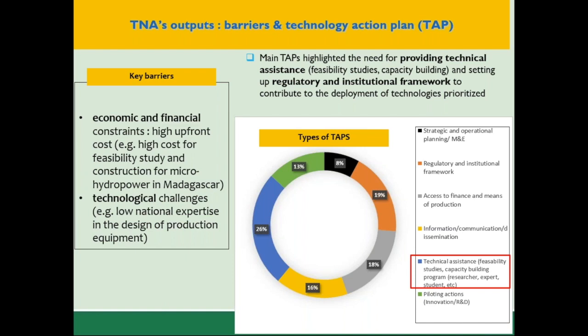But what countries have sought and proposed in terms of action are mainly to provide technical assistance to conduct feasibility studies, but also to develop a very appropriate capacity building program, as Sara has mentioned, but also to set up a regulatory and institutional framework for all the sectors and technologies that have been prioritized. So, these are the main action plans that have been proposed by the countries so far.